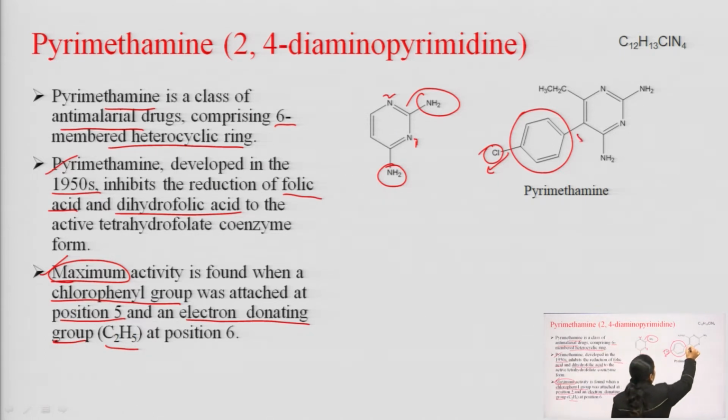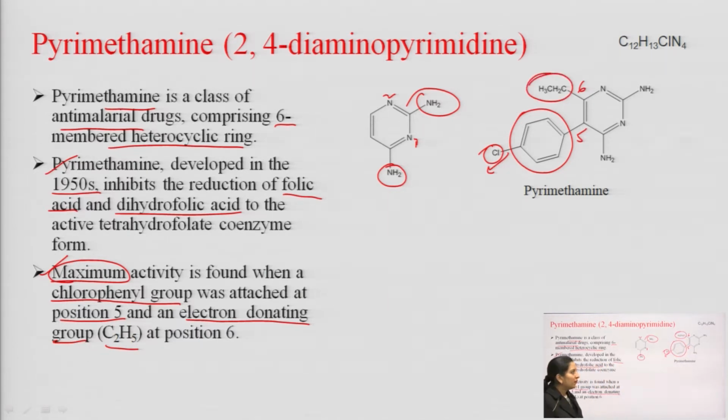This is the 5th position and this is the 6th position. So, we find that the presence of the electron donating group C2H5 at position 6, and the presence of chlorophenyl at position 5, leads to a compound having the maximum anti-malarial activity.